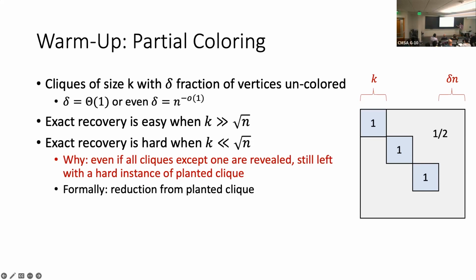Even if an oracle comes along and reveals all but one of the cliques, you're still left with exactly an instance of the standard planted clique problem, but where the size of the graph has shrunk by a constant factor, but that doesn't really make a difference. So you can give a formal reduction that if the planted clique problem is hard when k is smaller than root n, then this is also hard.